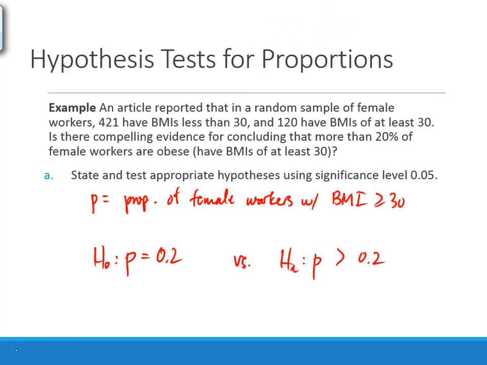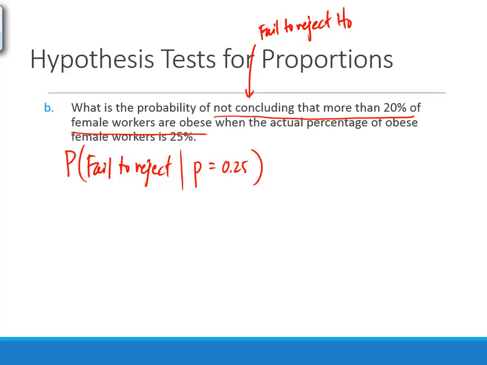And if p equals 0.25, just to note that means that the null hypothesis is false. So if p really equals 0.25, then my null hypothesis is false. So I should have rejected the null hypothesis, but I didn't. So what's the probability that happens when p is really equal to 0.25? Okay, so we want the probability of a type 2 error here.